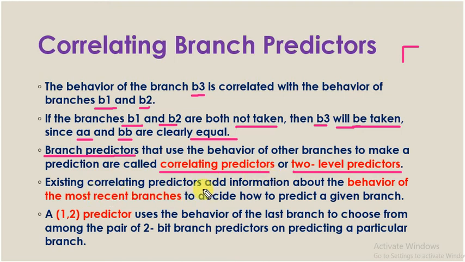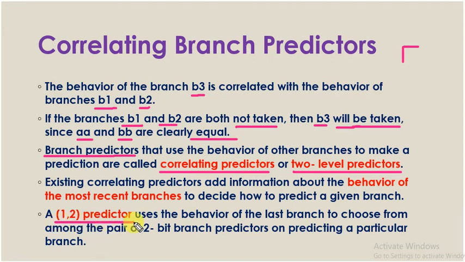Existing correlating predictors add information about the behavior of the most recent branches to decide how to predict a given branch. Same thing only. Now we can notate this predictor in a particular way.